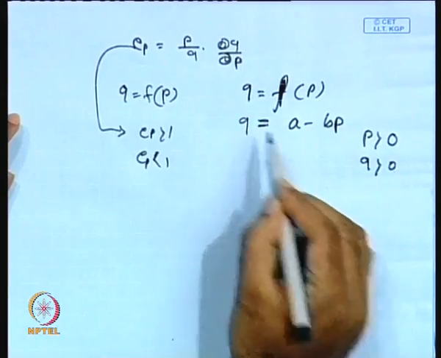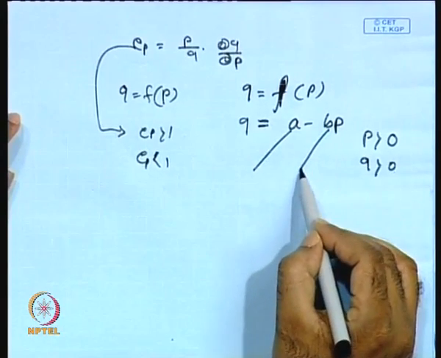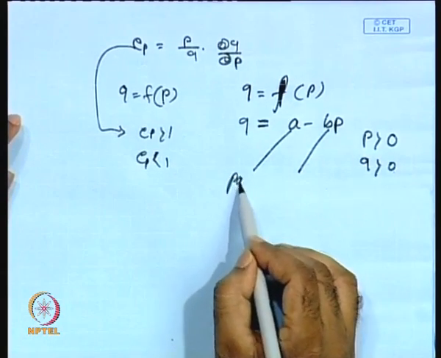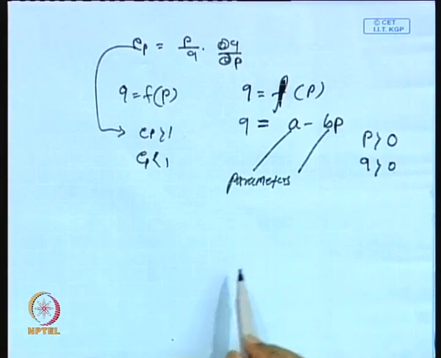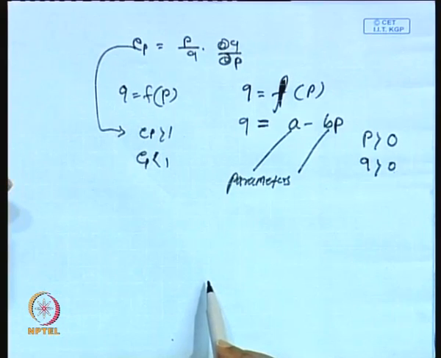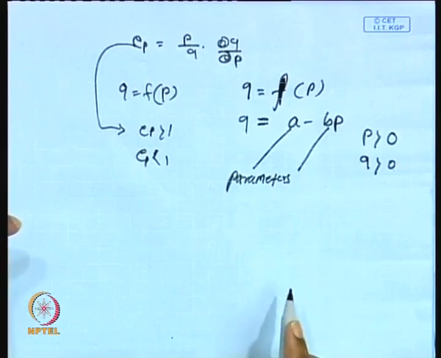Now with this particular equation Q equals a minus b P, there are two indicators here, a and b. These are called parameters. Okay. a and b are parameters, and Q and P are quantity and price.